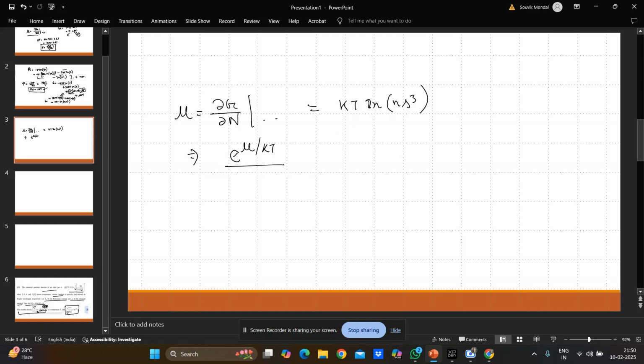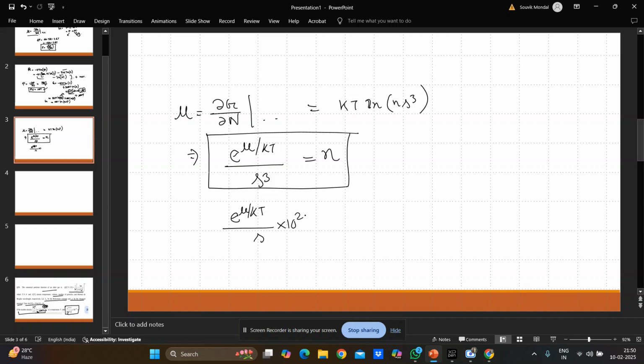So e to the power mu by kT divided by lambda cubed is simply your n. Now in the question you have to answer the value of this quantity. So I guess it is n into 10 to the power 25, and n is 2.5 into 10 to the power minus 25, so your answer will be 2.5.